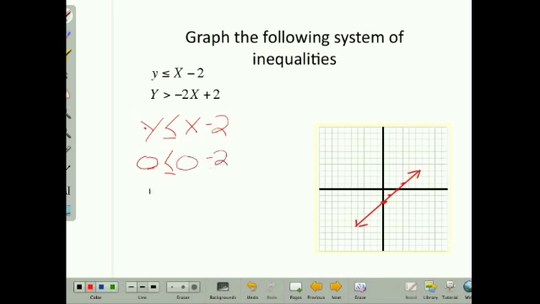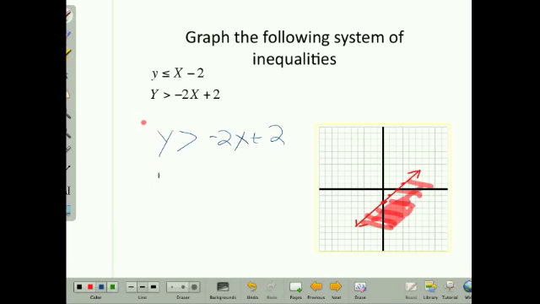Is 0 less than negative 2? The answer is no, it's not. This is a false statement. So in cases when we have false statements, we're not going to shade the point side. We're going to shade the non-point side. So everything below for x.